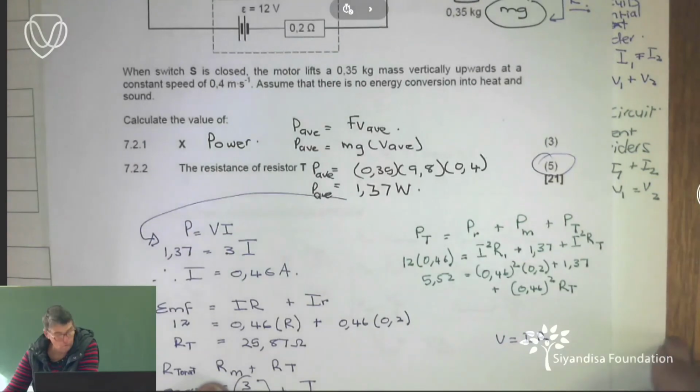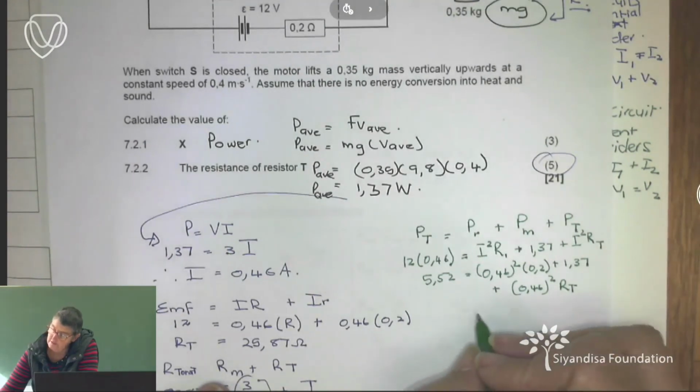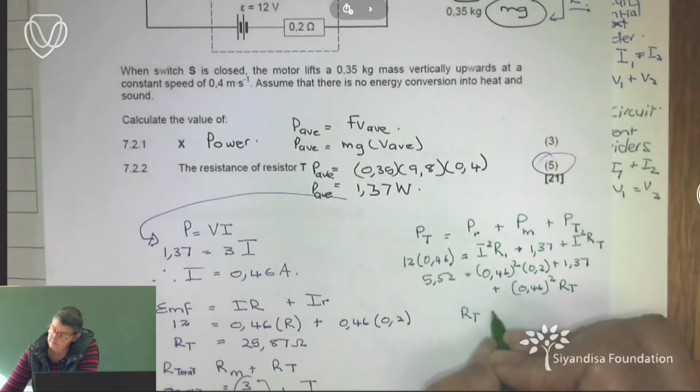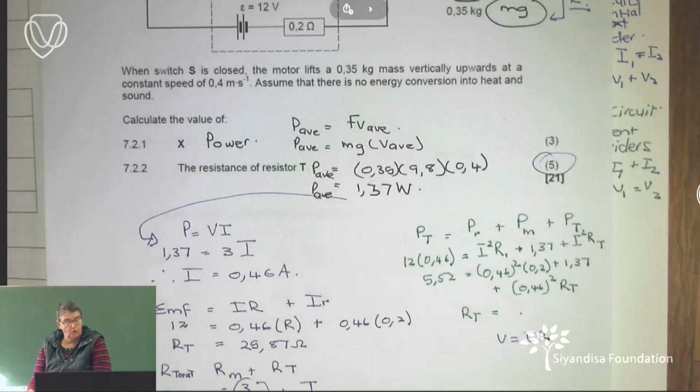And then you would have solved for RT, and you should then get the answer in the region of 19.37.